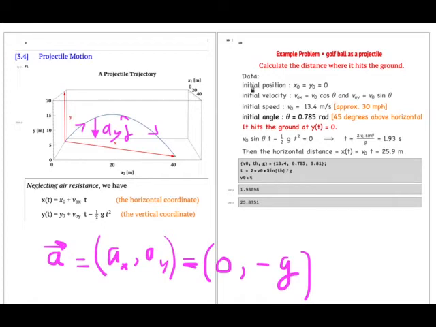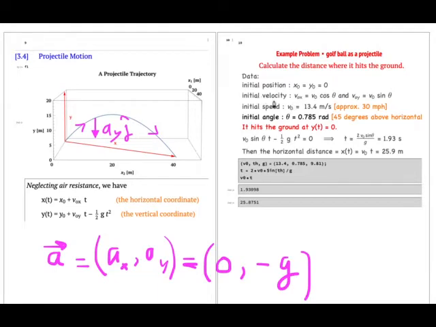Now, when you hit a golf ball, the initial position is x0 equals 0 and y0 equals 0. A golf ball starts on the tee. It's at ground height. We could take that to be the coordinate y equals 0.